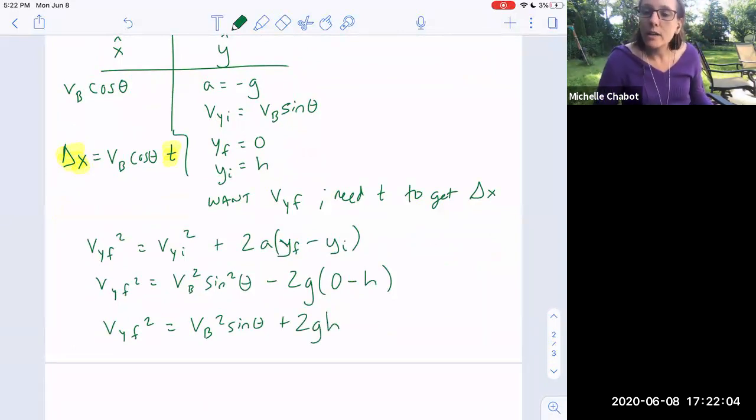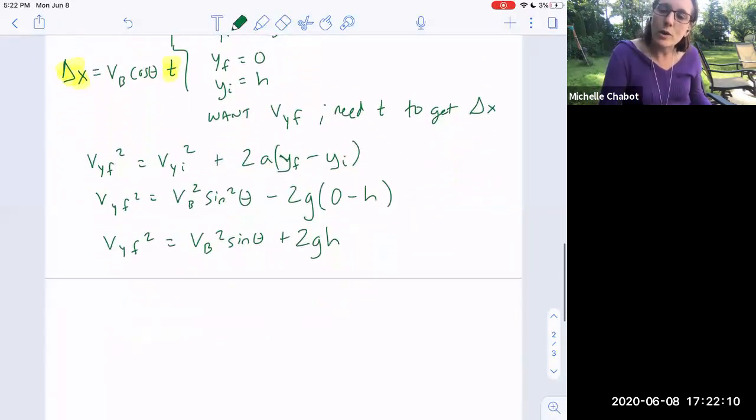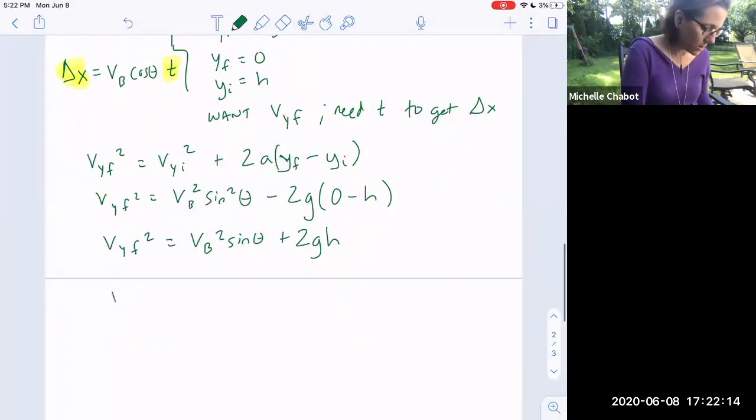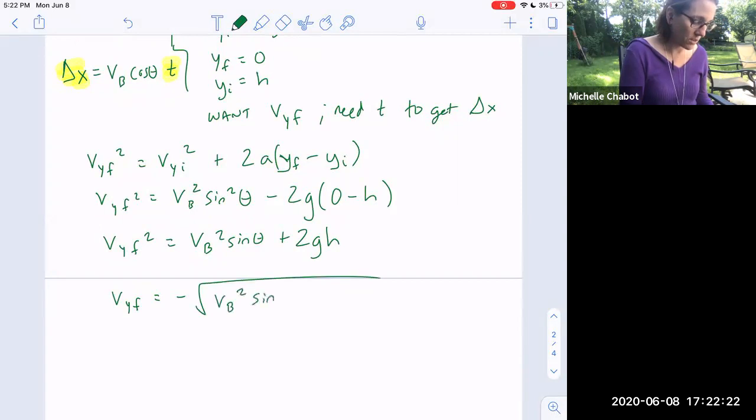When I want to take the square root of this, note that I'm going to take the negative square root because it's heading downward. My Vy final is downward, so Vy final is going to be negative, and it'll be the square root of VB squared sine squared theta plus 2gh.